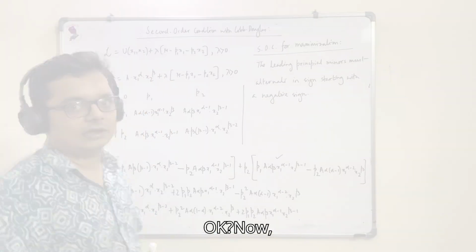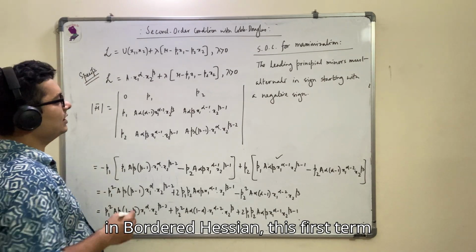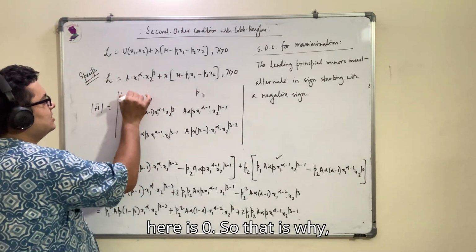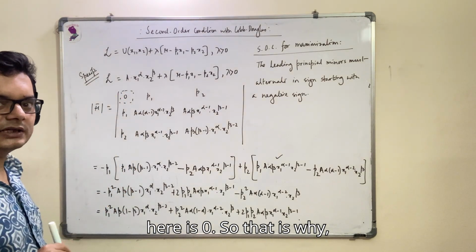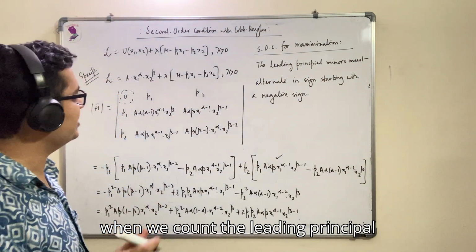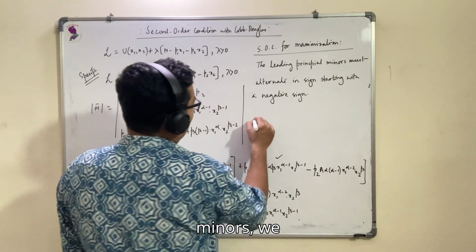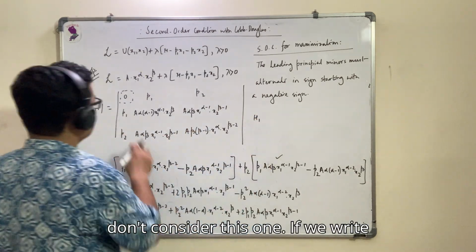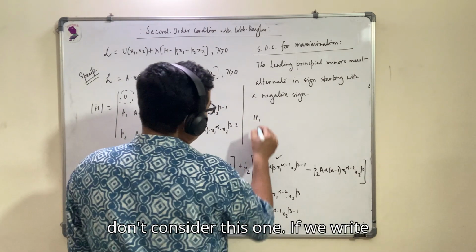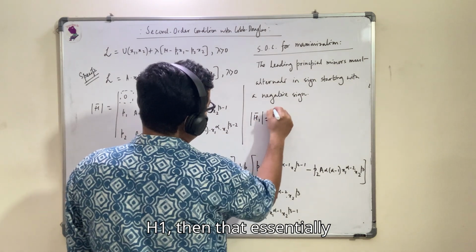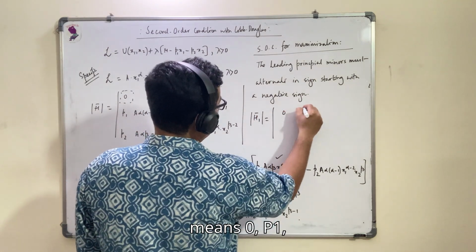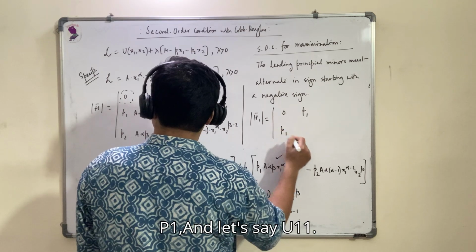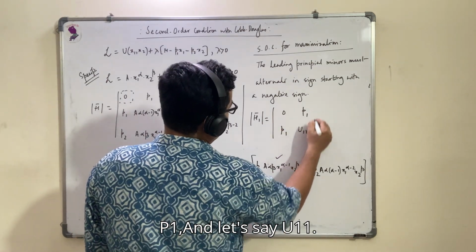Okay. Now in the bordered Hessian, this first term here is 0. So that is why when we count the leading principal minors, we don't consider this one. If we write H1, that essentially means 0, P1, P1, and let's write U11.